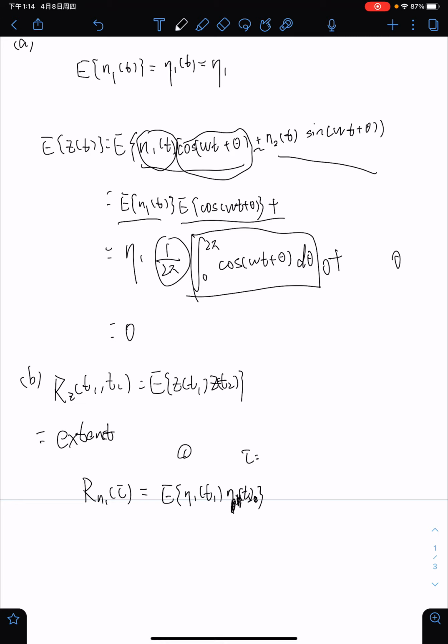Tau is the difference of t2 minus t1. Okay.